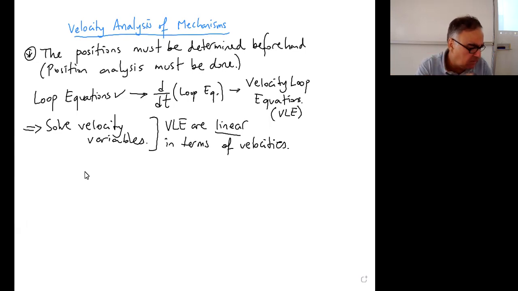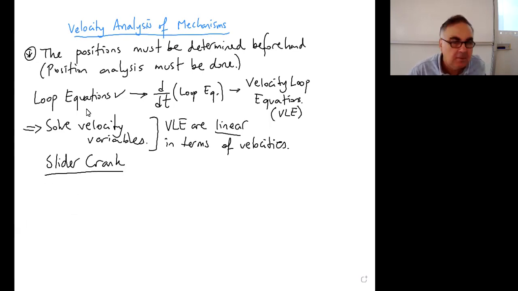I will start with a simple example here. The slider crank example. Okay, let's say that we have a revolute joint here.